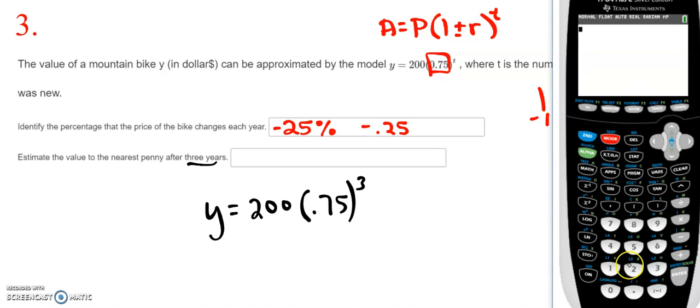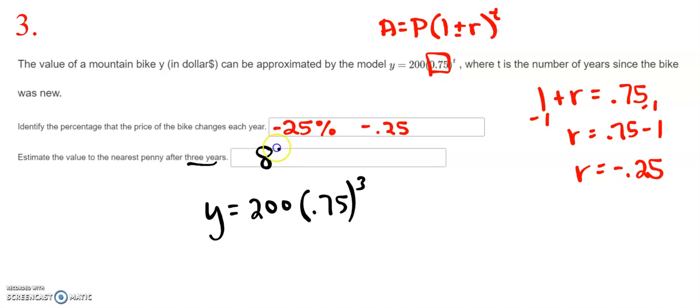So that would be jumping to your calculator. 200 times 0.75 to the third power. And we get 84.38 dollars, right? Because when it says round to the nearest penny, that would be 2 decimal places. So basically what happens is you bought your bike for $200, and after 3 years, it's only worth $84, which makes sense for how things decrease in their value.